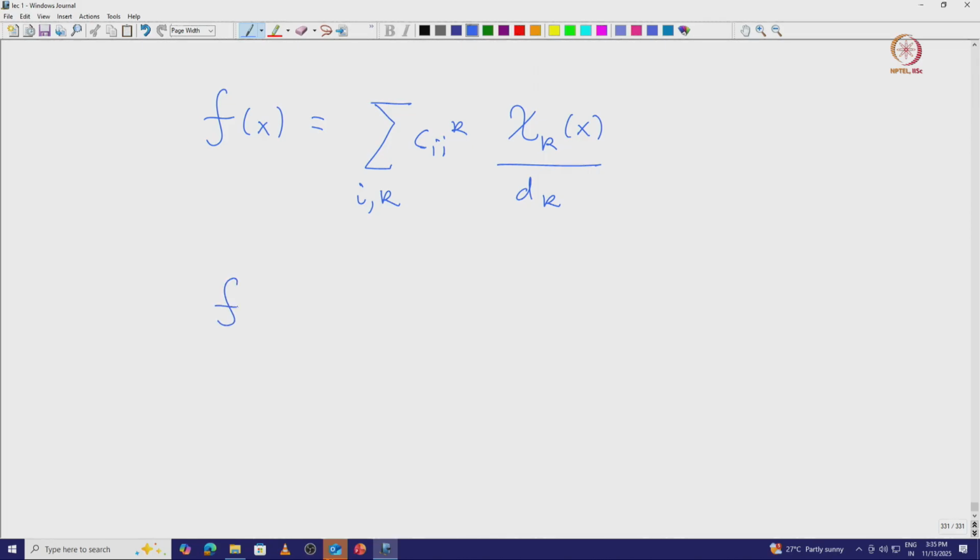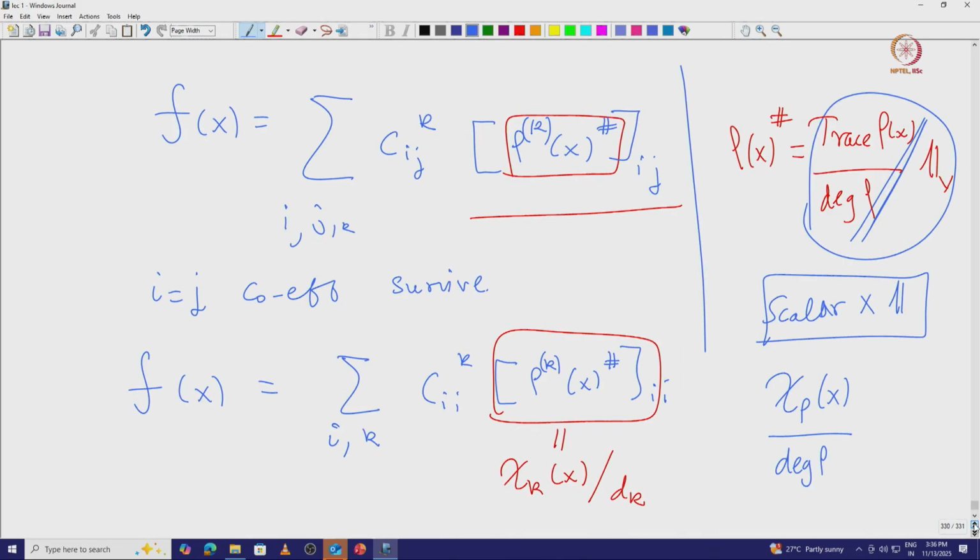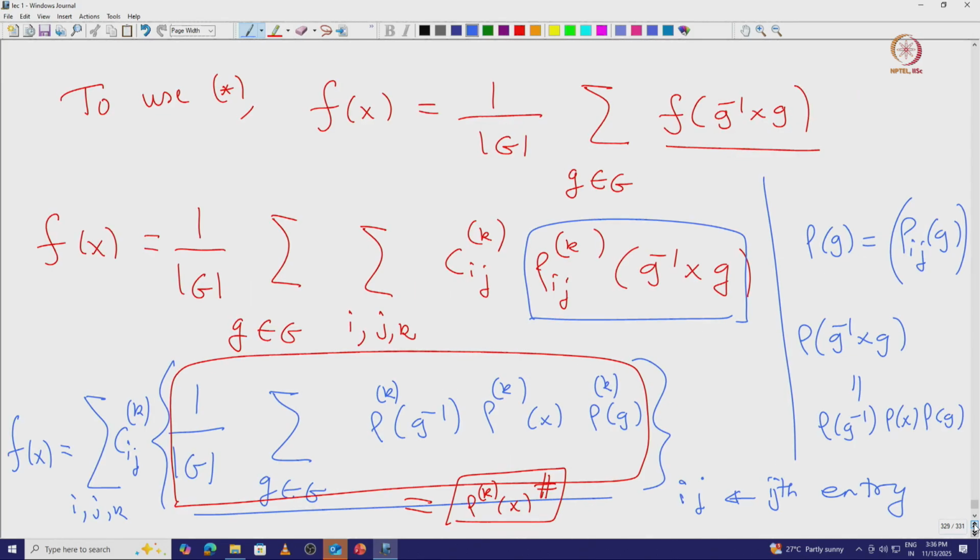From here we can easily see that f is exactly equal to the summation over i, k of c_iik divided by dk times chi_k. So the coefficient of chi_k is c_iik divided by dk, where i runs from 1 up to dk.